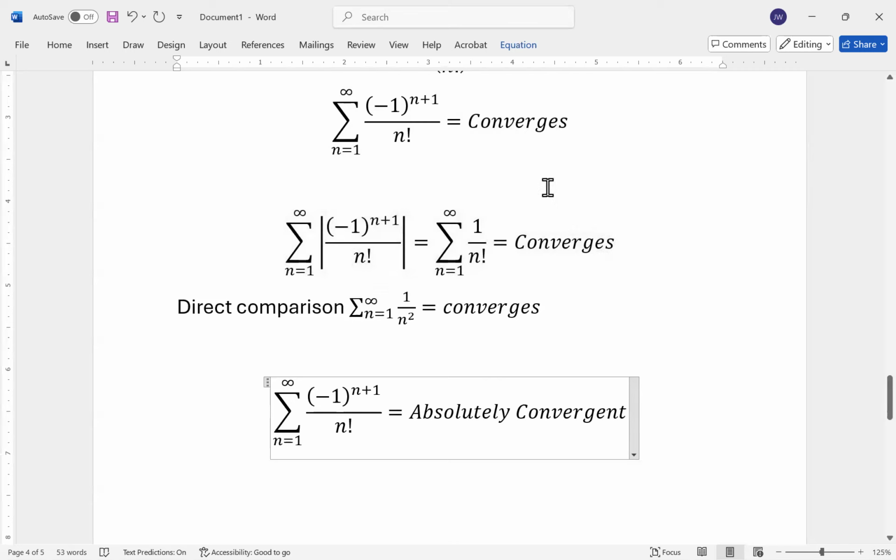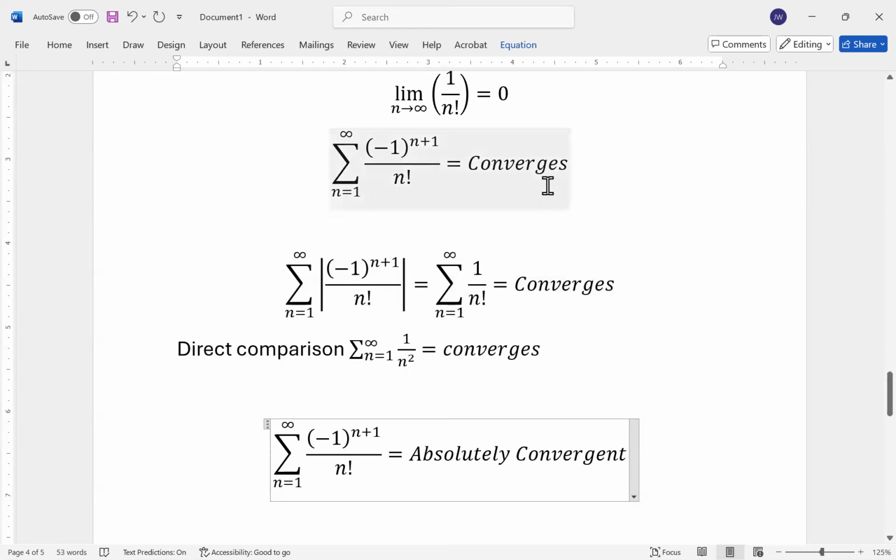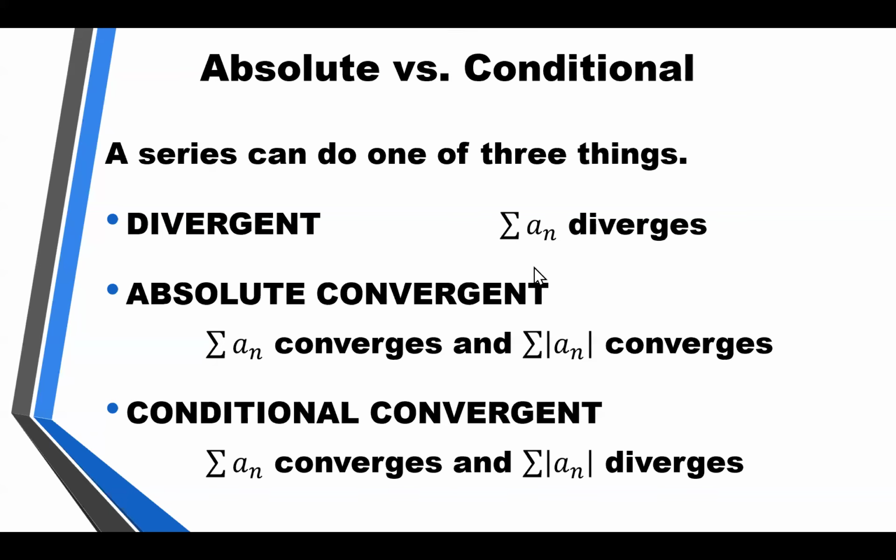And then the last option is if my original series diverged. So these are the three options for convergence of an alternating series. Both absolute and conditional convergence are indicating that the series is converging. Just how strongly it converges is the question. And then obviously the third option is divergent.